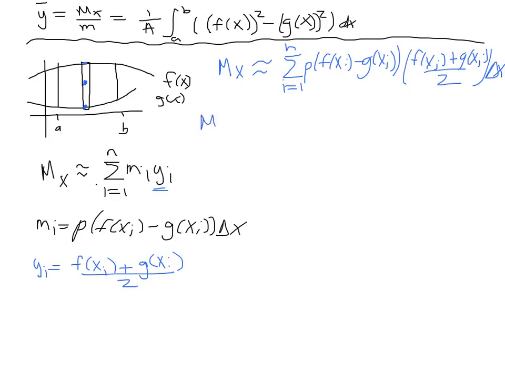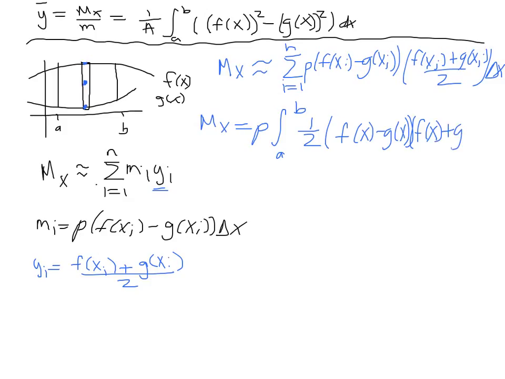And to find m x, we take a limit as n goes to infinity, and that gives us the integral from a to b. Now I'm going to factor that rho out, and I'll have 1/2, and this is f of x minus g of x multiplied by f of x plus g of x dx.